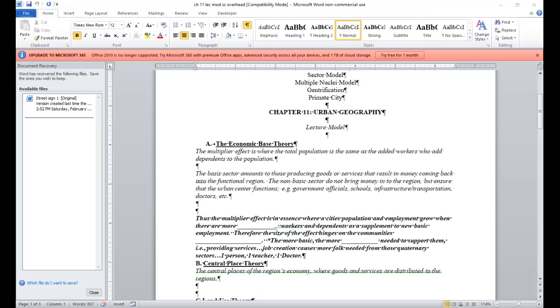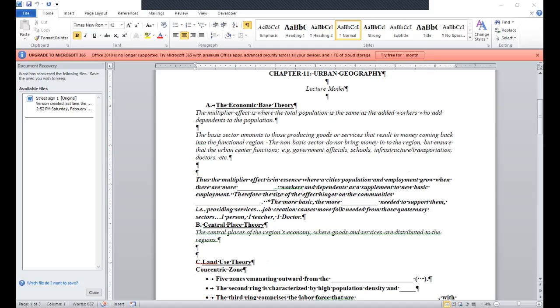Your non-basic sector, they do not bring money in, but they make sure the urban center, the functional hub, functions. It could be government officials, schools, infrastructure, transportation, doctors, lawyers, right? Thus, the multiplier effect is, in essence, where a city's population and employment grow when there are more non-basic workers and dependents as a supplement to the new basic employment.